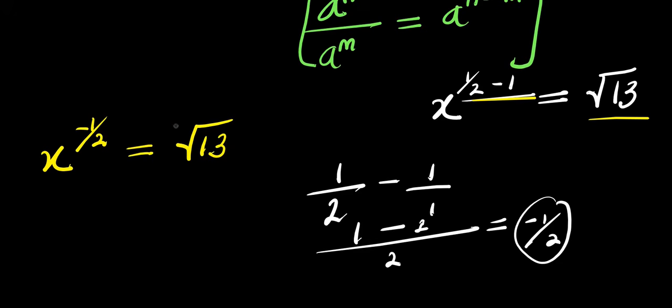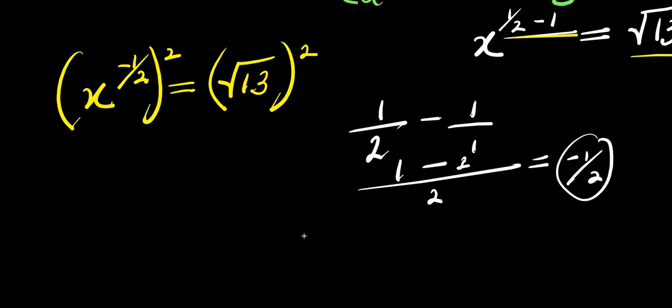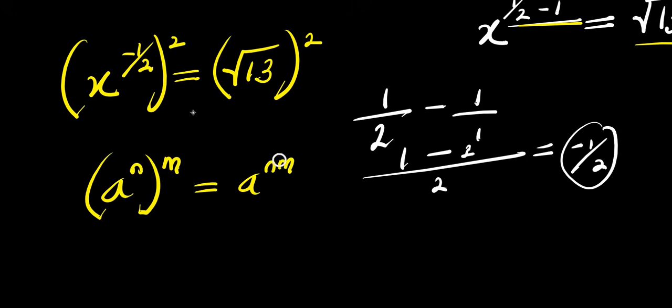So what we can do will be to take the squares of both sides of this equation. Then if you have a to the power n raised to the power of m equals a to the power n times m, so we multiply this out. That means we have x to the power negative 2 divided by 2 equals, this cancels this, I have 13.